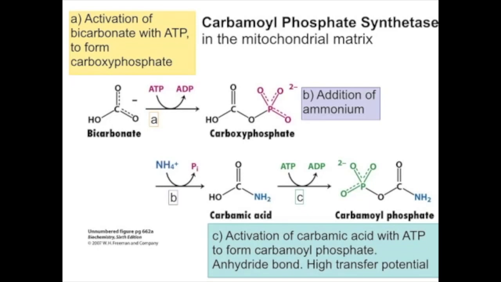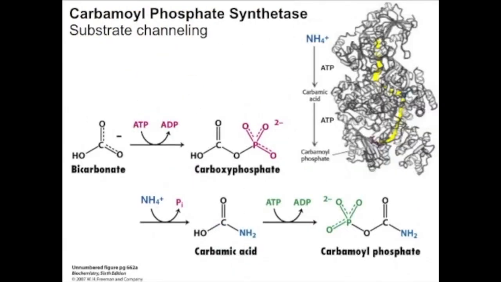Now this is a high-energy intermediate because it has an anhydride bond. Therefore, this particular molecule has a high transfer potential. This enzyme is called carbamoyl phosphate synthetase, and is called synthetase because it requires ATP. Now this enzyme works through what's called substrate channeling.